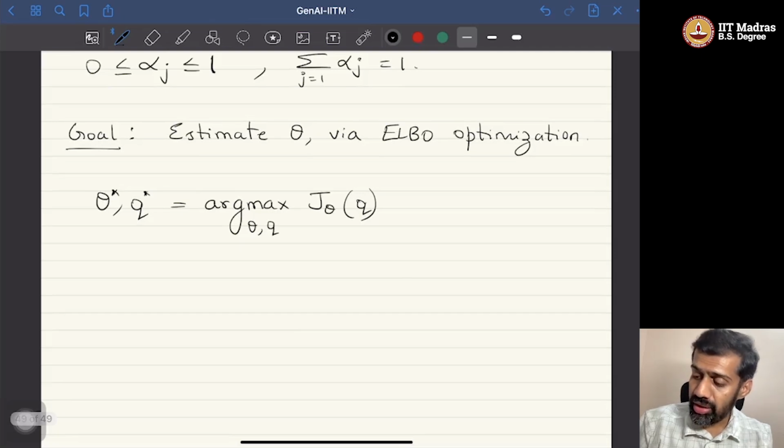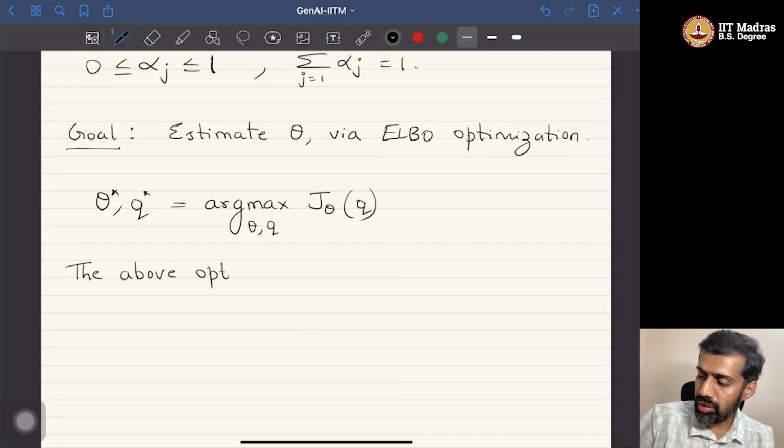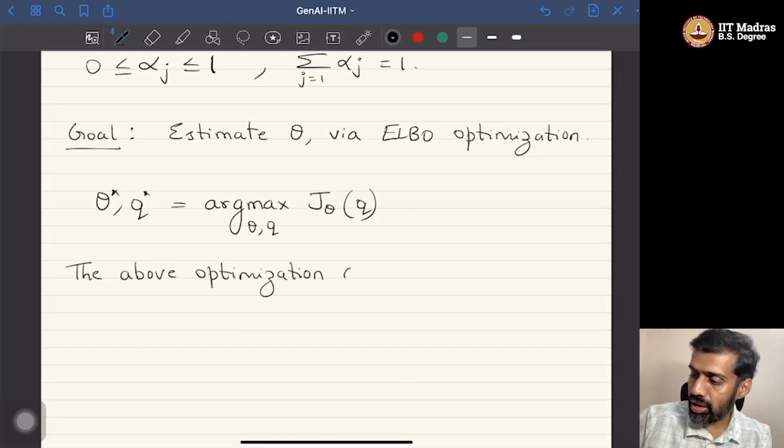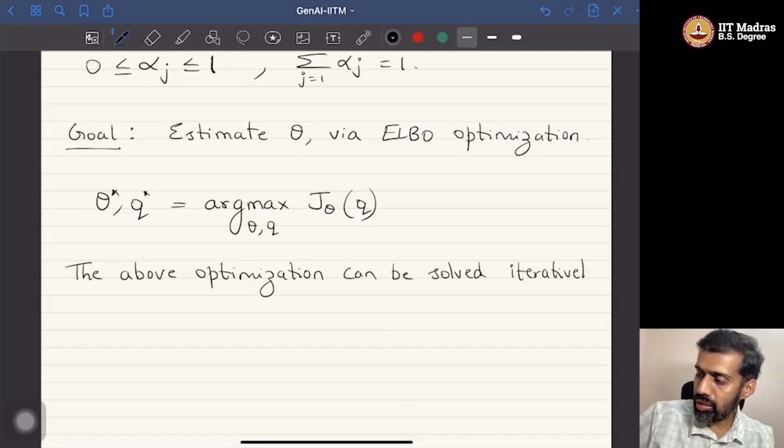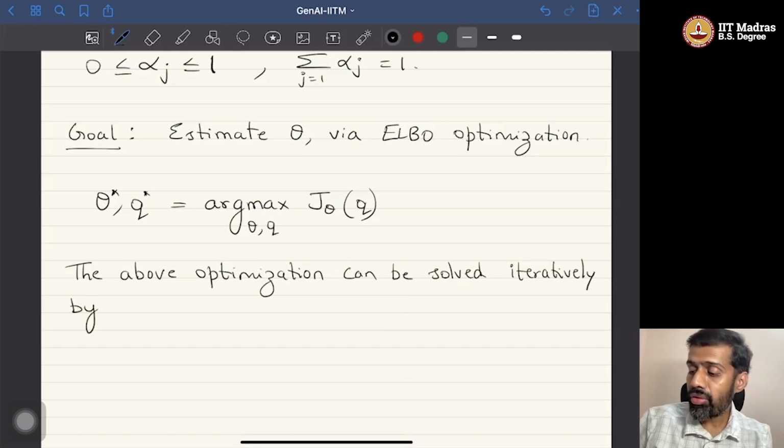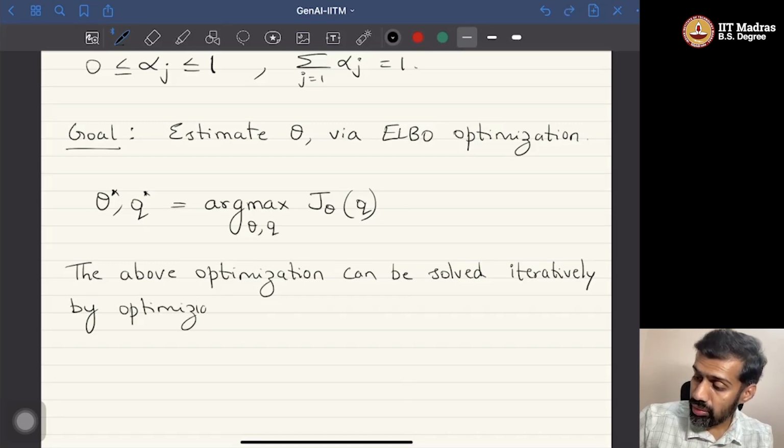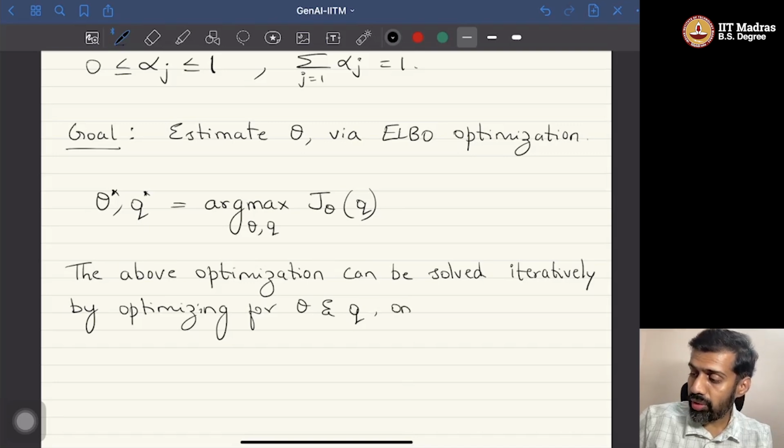One of the ways to achieve this is that the above optimization problem can be solved iteratively, by optimizing for theta and q one after the other.